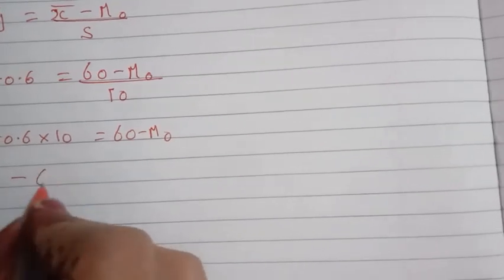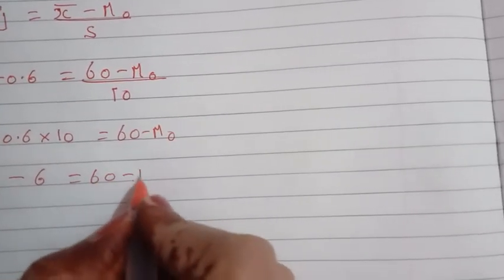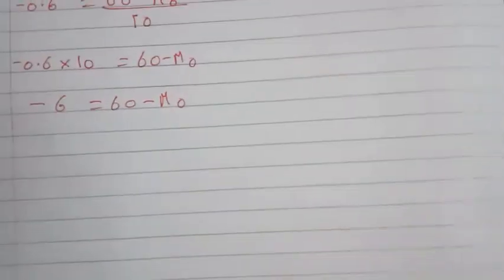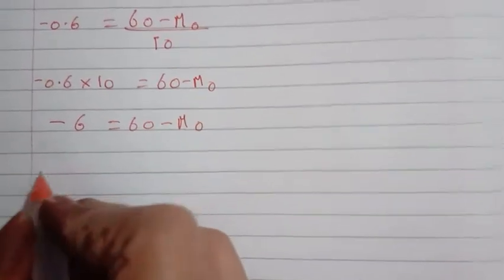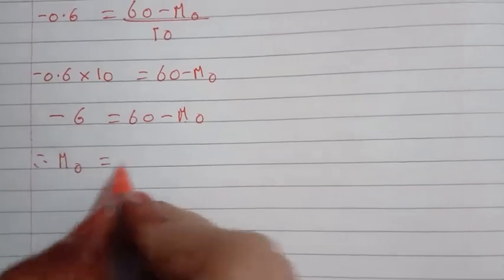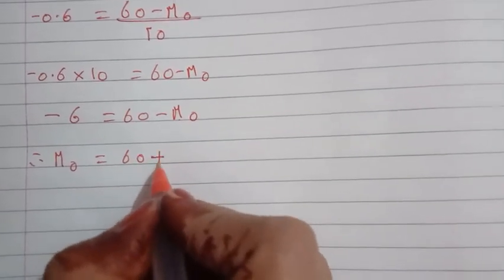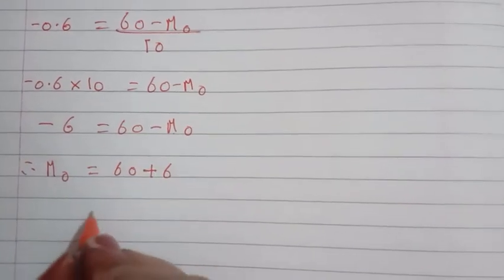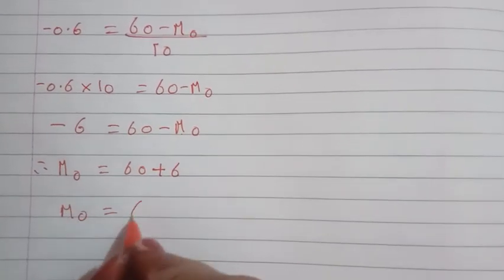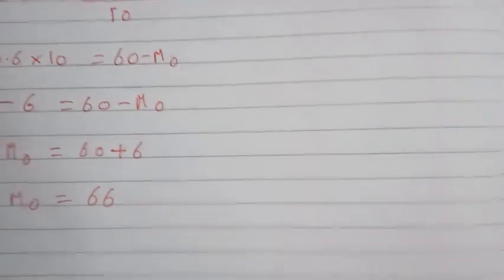So we get minus 6 is equal to 60 minus mode. Mode value we have to find, so this will go on this side. Therefore mode is equal to 60 plus 6, because this goes to the other side of equal to, so the sign changes. Therefore the value of mode is 66.